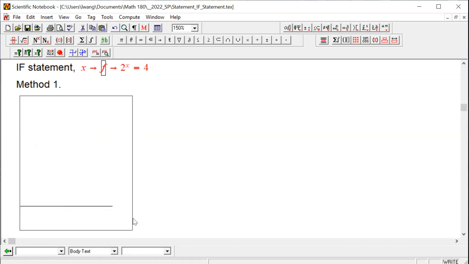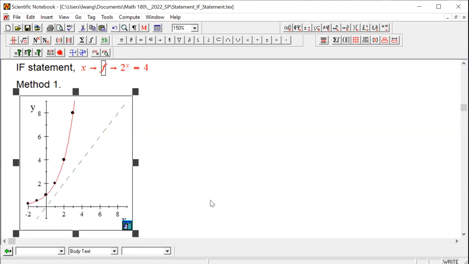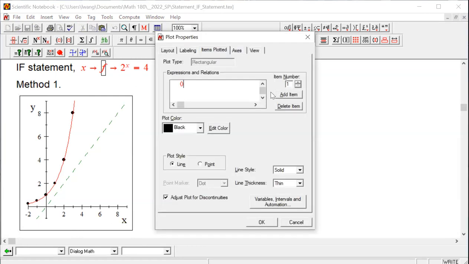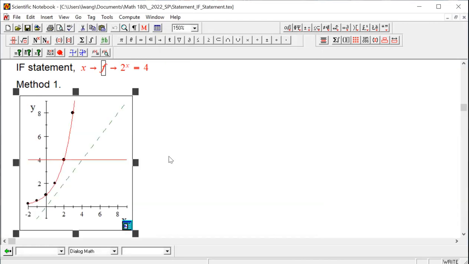So this is my 2 to the power x, and the output is 4. We're going to draw a horizontal line. And that horizontal line has a crossing on the curve, which tells us what input produces that output.